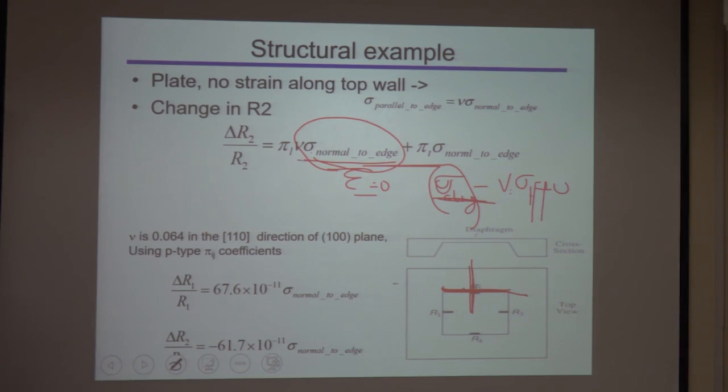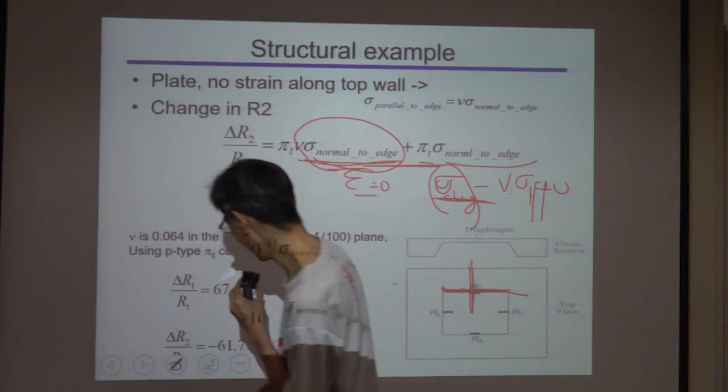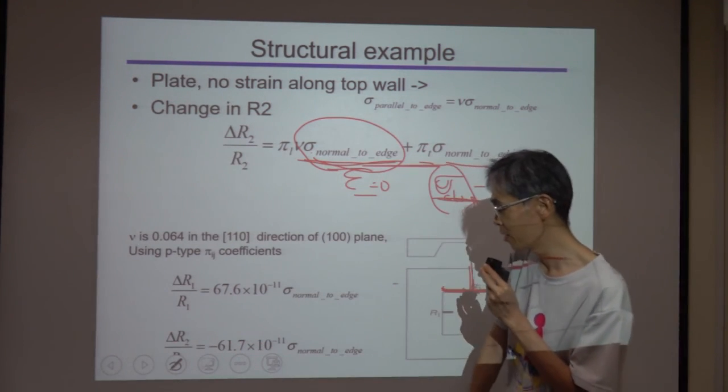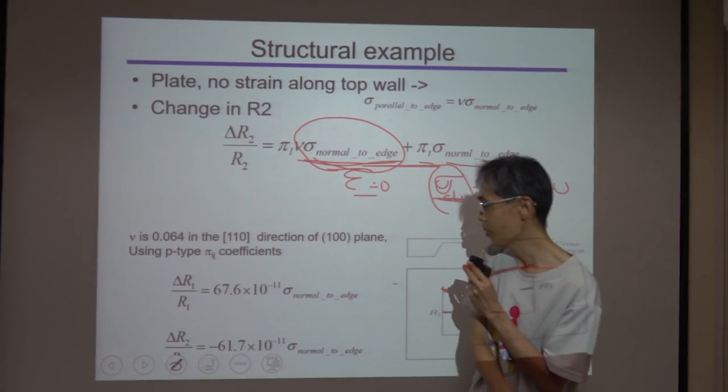So that's why this is nu sigma normal plus pi T sigma normal. So we can calculate delta R2 divided by R2 equals this one. Now calculate this one before we end this case today. Calculate this one, please.